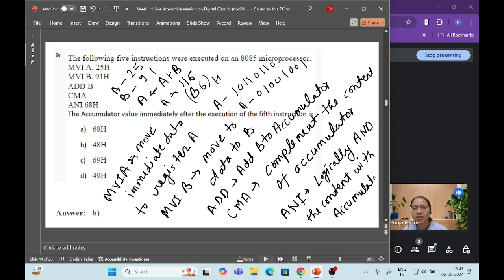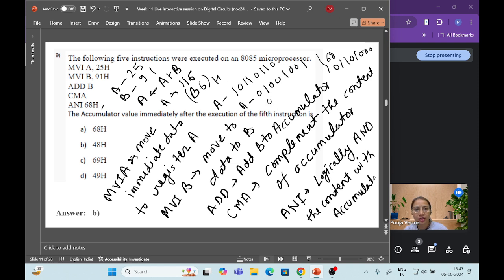Now the next instruction is ANI 68, which means logically AND this content 68 with the accumulator. Now 68 can be represented as 0 1 1 0 1 0 0 0. So logically AND them and store the content in the accumulator.